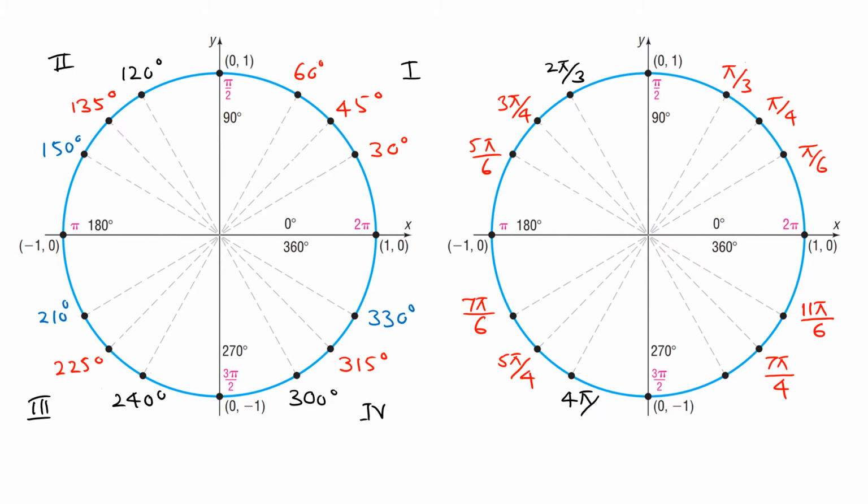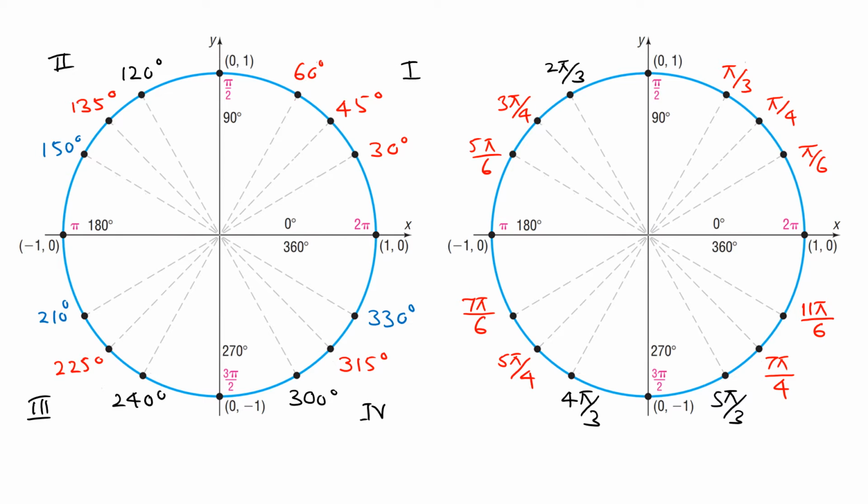And on the other side, we have 5 pi over 3. So those are the common values that are multiples of radian values.